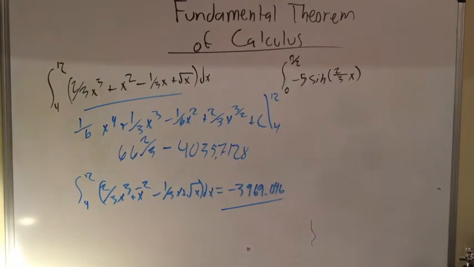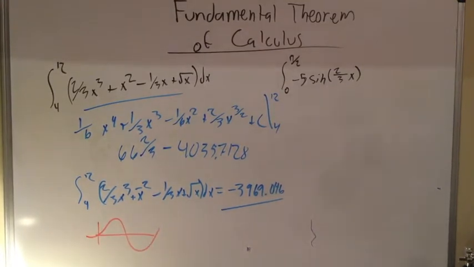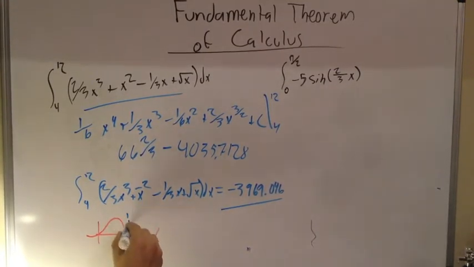Even though the integral is negative, it is possible for there to be negative areas. Let's say a function is this, and you're finding the integral from here to here. The area will be negative.